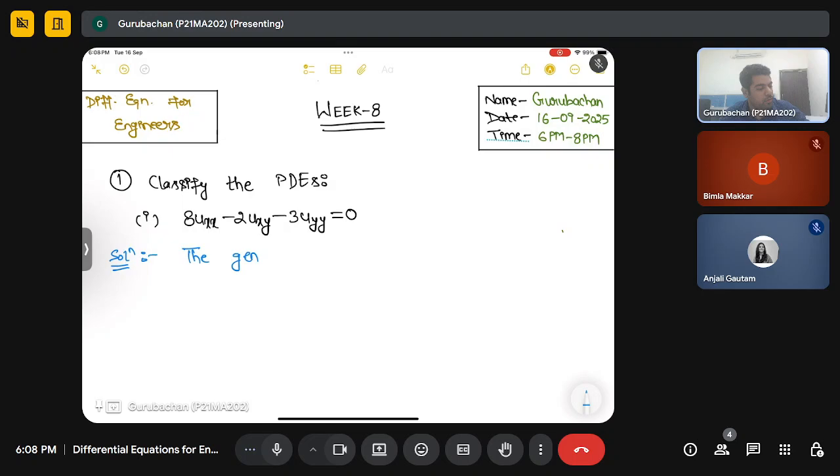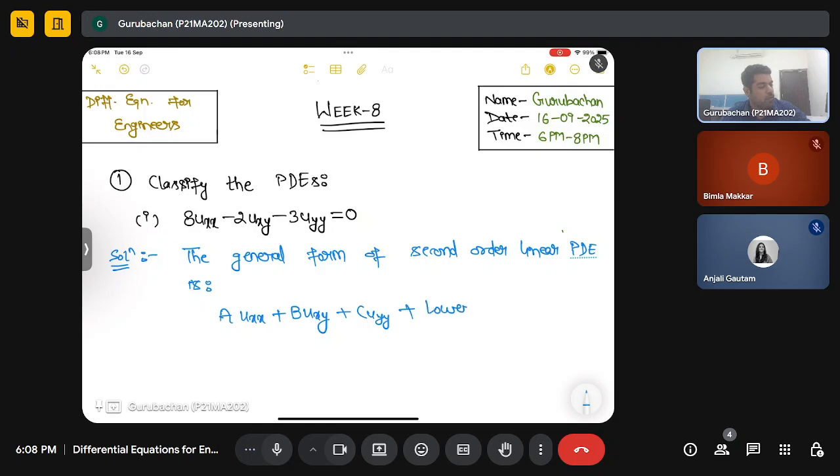The general form is A uxx plus B uxy plus C uyy plus some lower order terms.